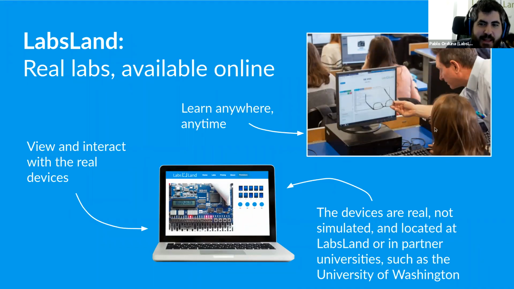These students are using this tool to write code, and then they can send it to a real FPGA, for example, or a real device somewhere else on the internet. In the case of LabsLand, those laboratories are located typically in partner universities or in our offices.